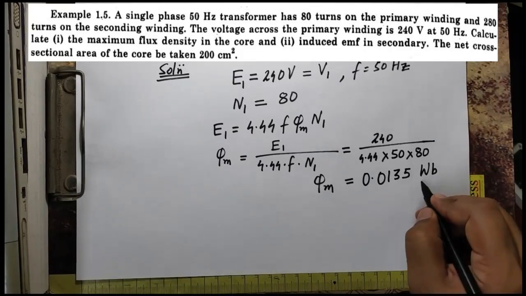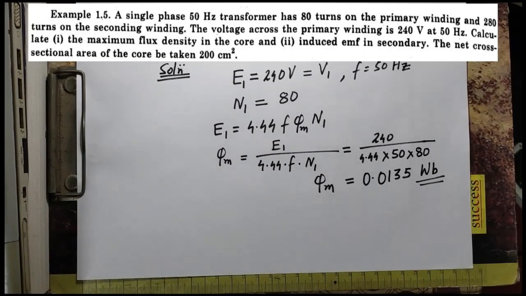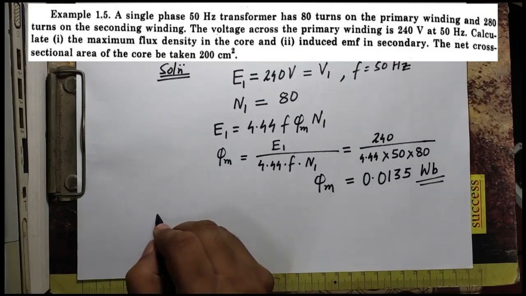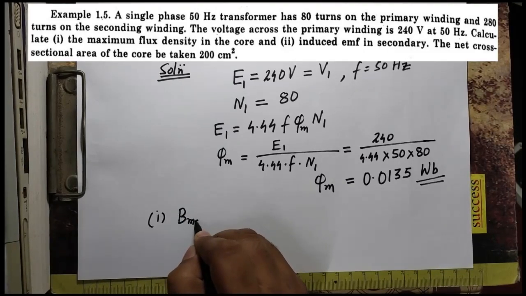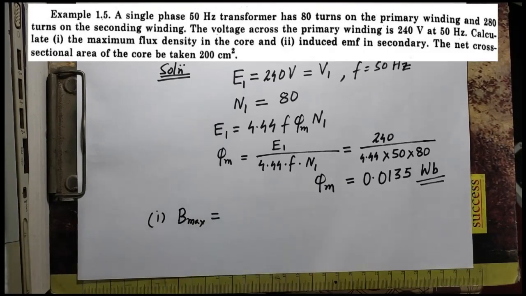The unit of flux is Weber, so 0.0135 Weber. Now we are asked to find the maximum flux density, that is number one. We need to find this B max.